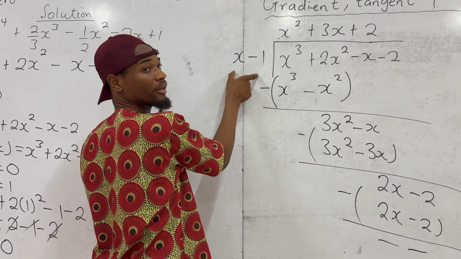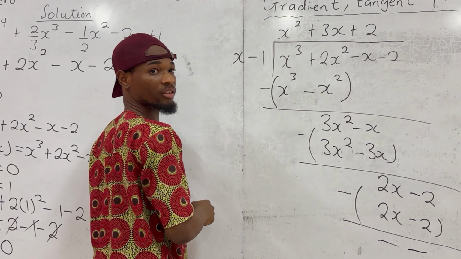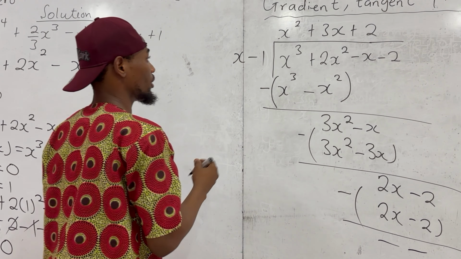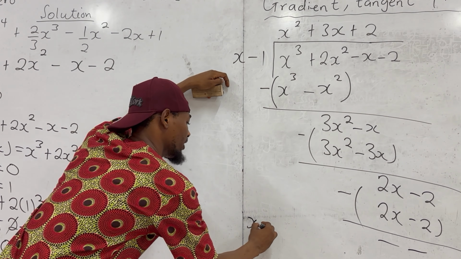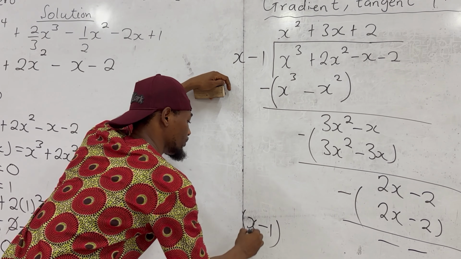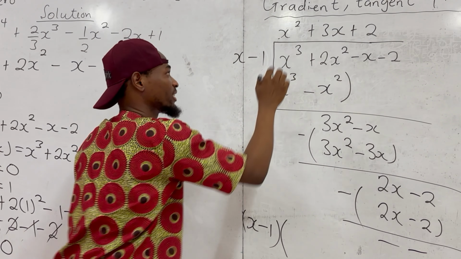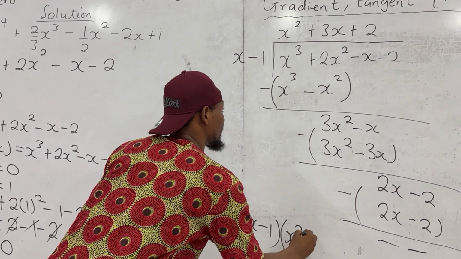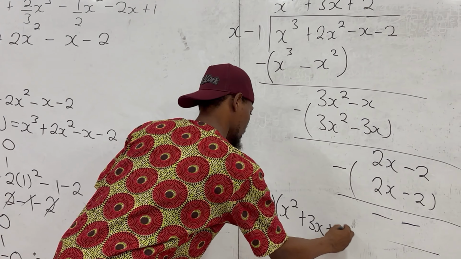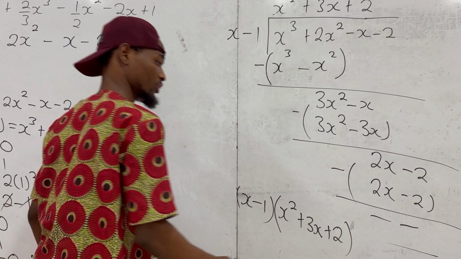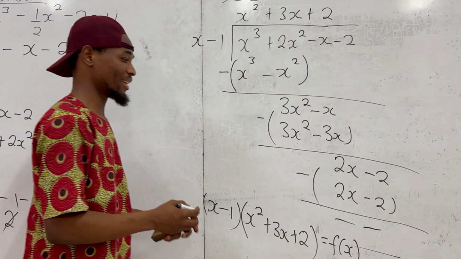Alright, so therefore we can say that the divisor times the quotient gives you the dividend. So I can clearly say my divisor, which is x minus 1, times the quotient here, which is x squared plus 3x plus 2, should be equal to my f of x.